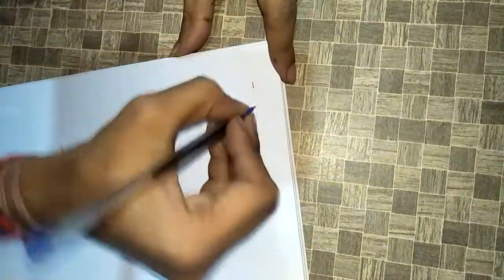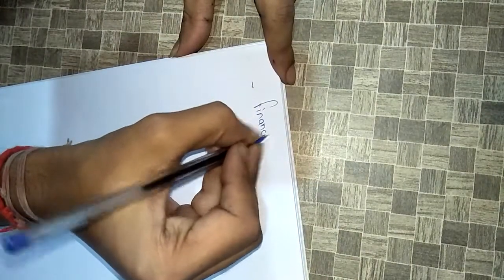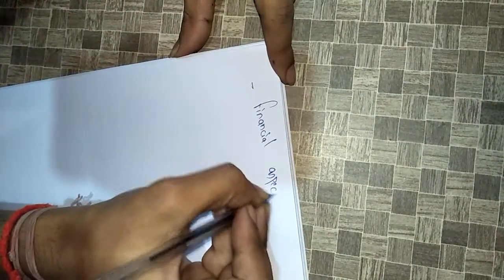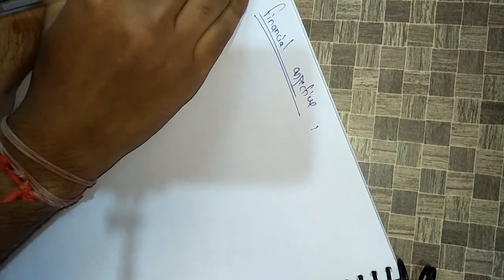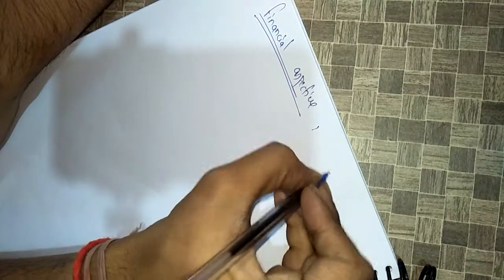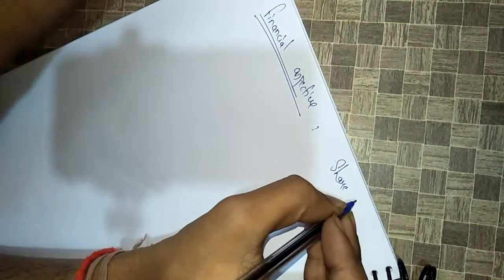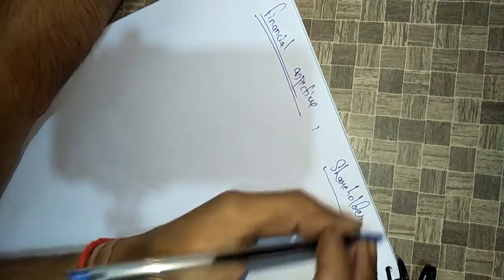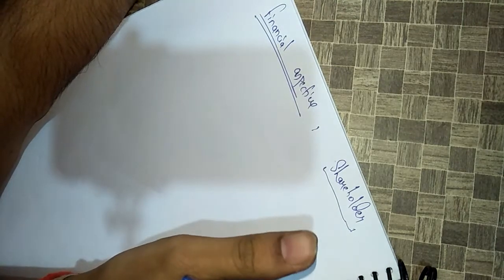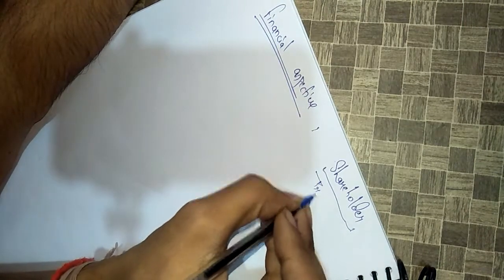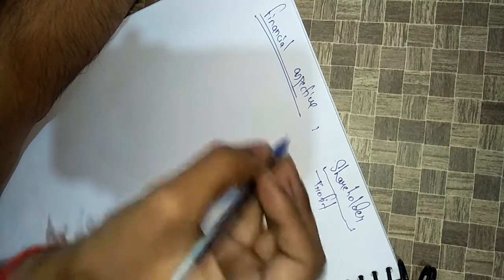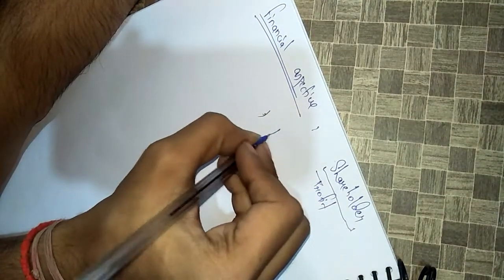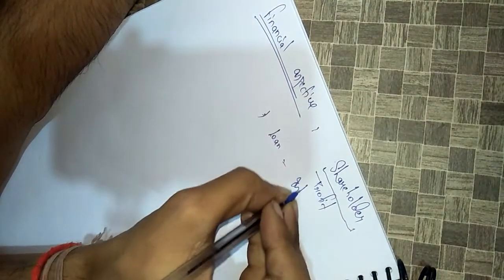The first aspect is the financial aspect. What is the financial aspect? Look, the financial aspect basically tells us whether we are able to satisfy the need or the ambition of the shareholder. We all know that shareholders are the ones who are concerned with the profit of the entity. The person who has given us a loan wants the interest.